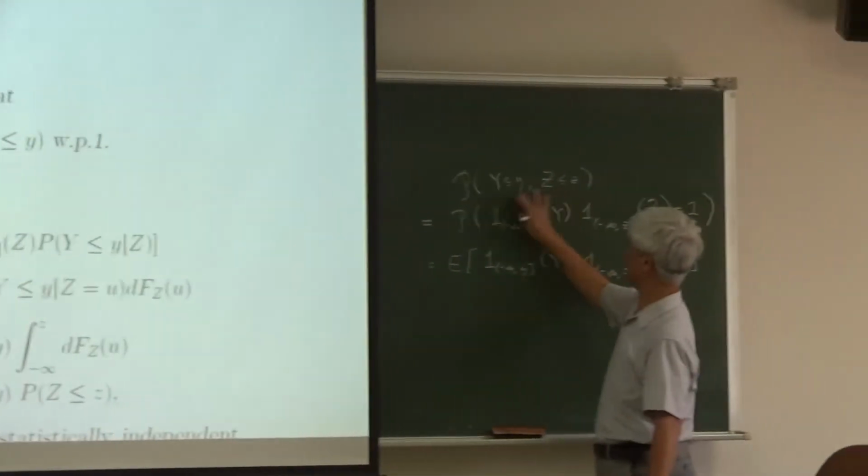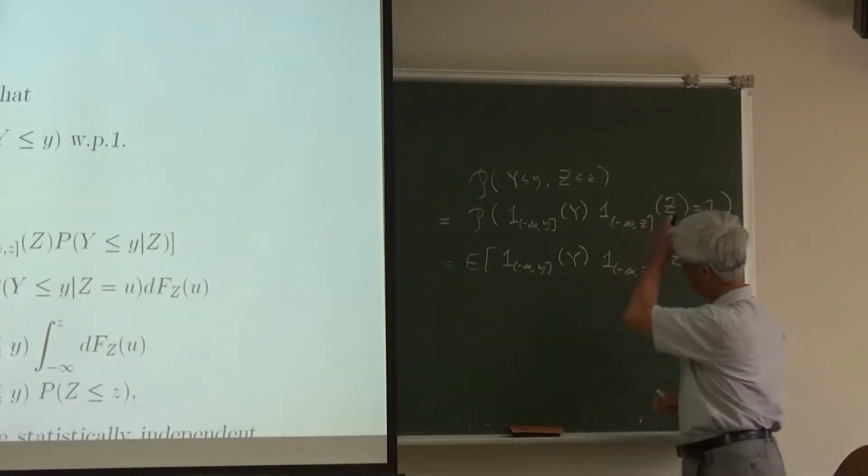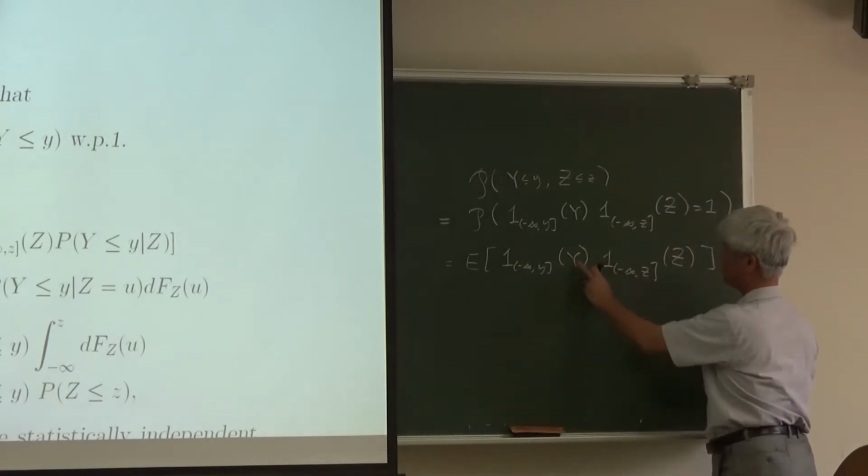So the joint probability equals the expectation of the product of these two functions of Y and Z.